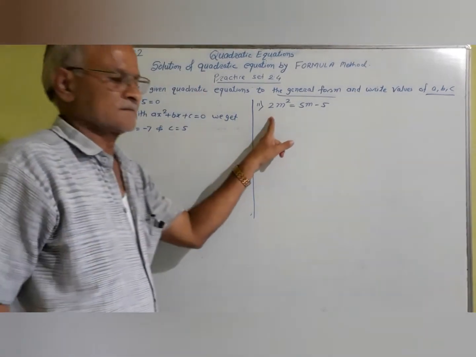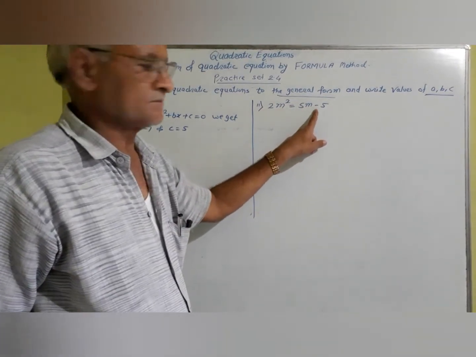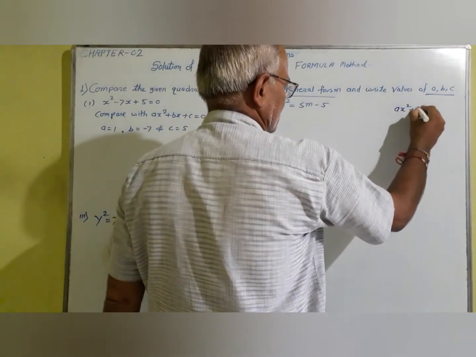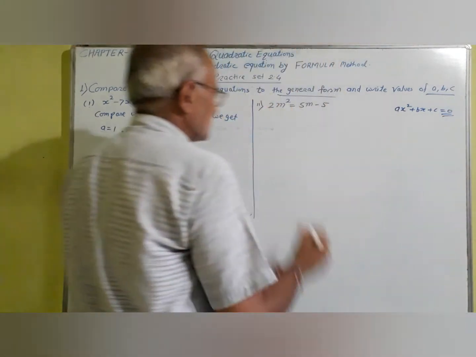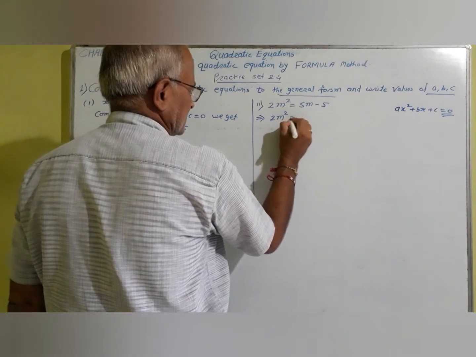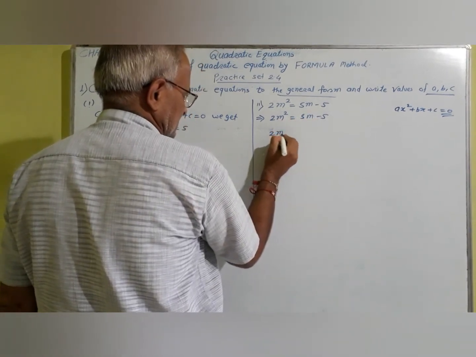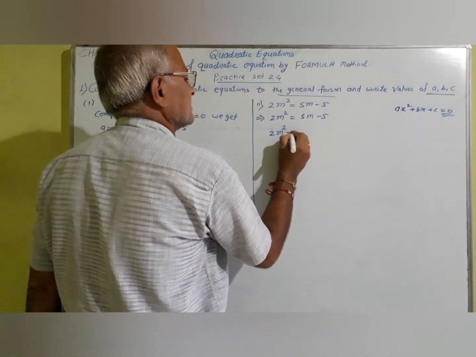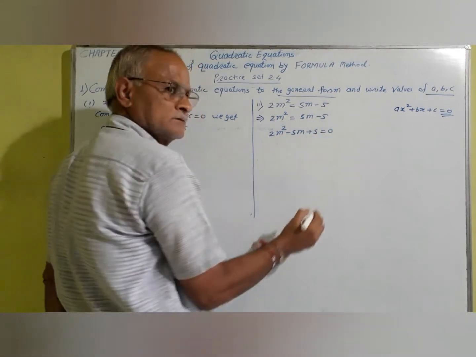Now the second, 2m square is equal to 5m minus 5. You know that the general form or the standard form is ax square plus bx plus c is equal to 0, and therefore the given quadratic equation 2m square is equal to 5m minus 5 is written as 2m square, 5m minus 5 taken to the left side, becomes minus 5m plus 5 is equal to 0.